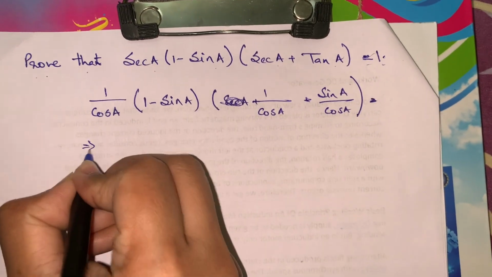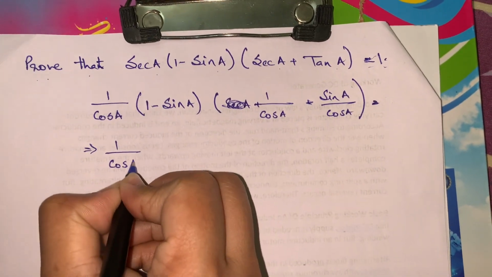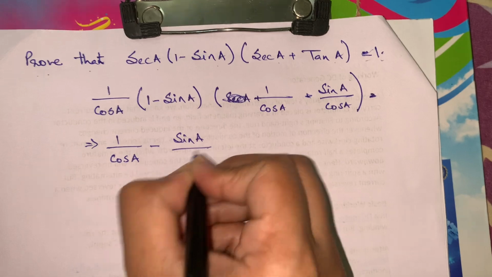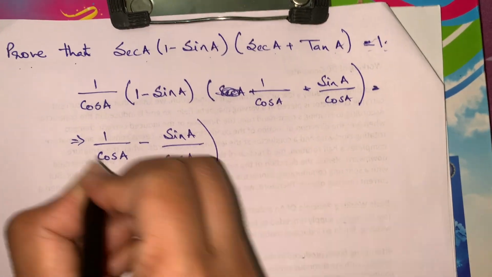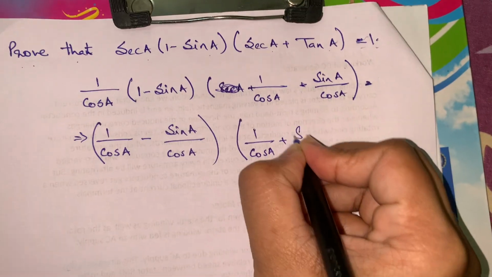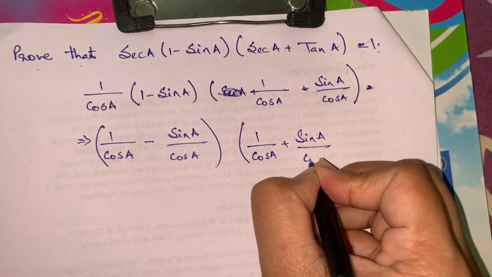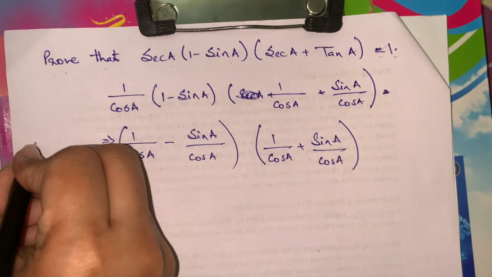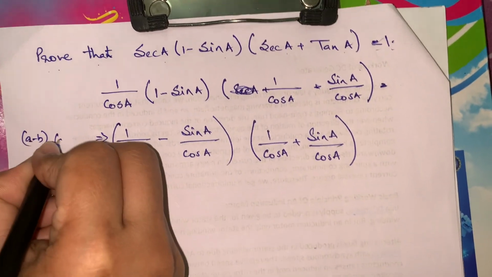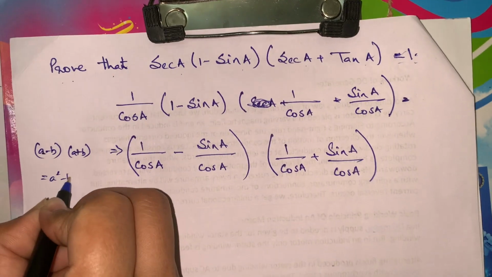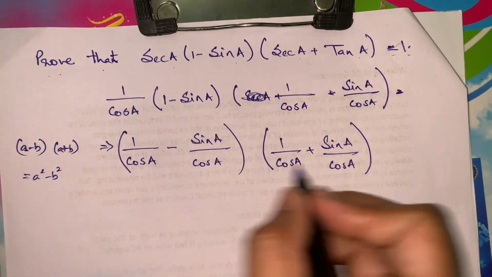So it becomes 1 by cos A minus sine A by cos A. Okay, and then this is 1 by cos A plus sine A by cos A. Now if you look at it, isn't it like this, A minus B into A plus B, which is equal to A square minus B square? That's what I'm going to do in here.